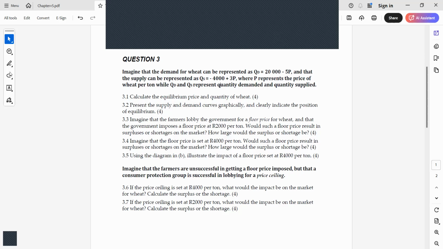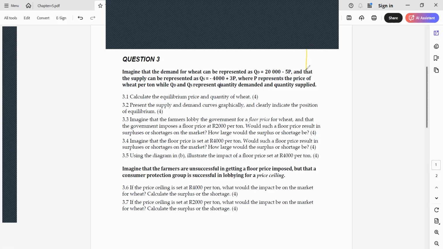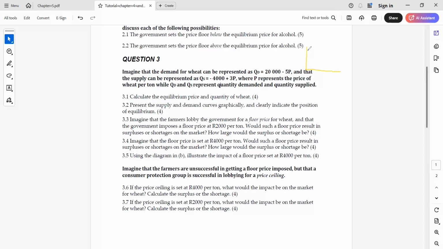So let's say we have our diagram, the one that I drew on the whiteboard. I just want to write it here. I'm going to put a 3 here for 3,000, which is our price, and a 5 here for 5,000, which is our quantity.